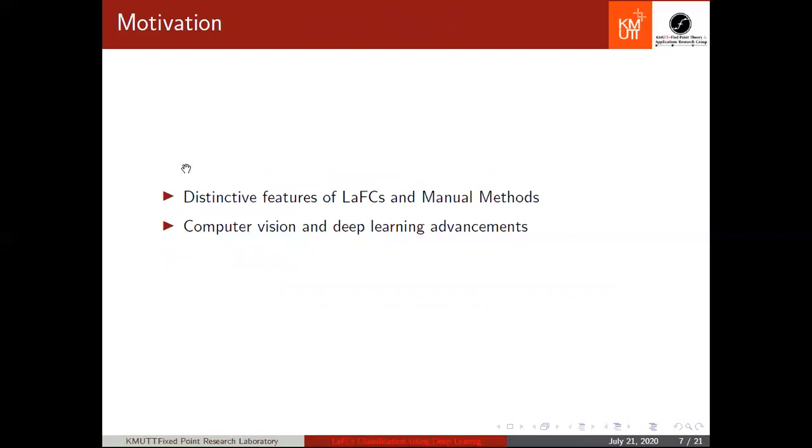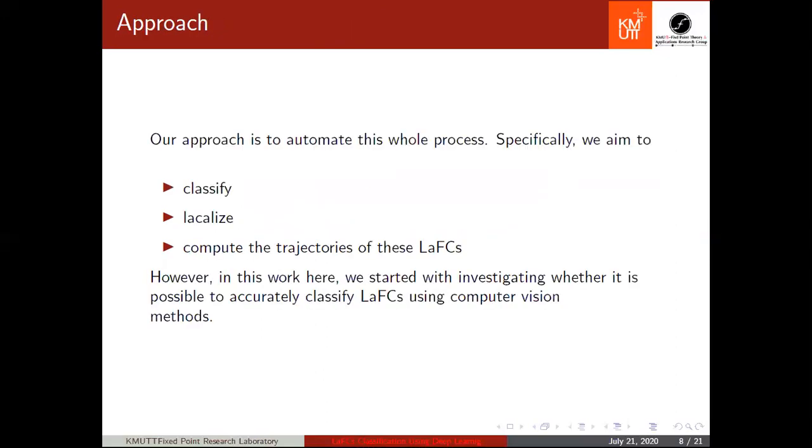So, looking at the distinctive features and shapes of these low-angle Fuze-Quick craters, the manual methods used in their analysis, and the recent advancement in computer vision and deep learning, our aim is to see if we can use computer vision methods to automate these manual methods.